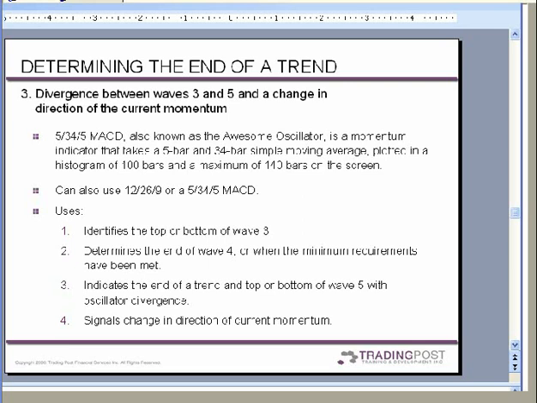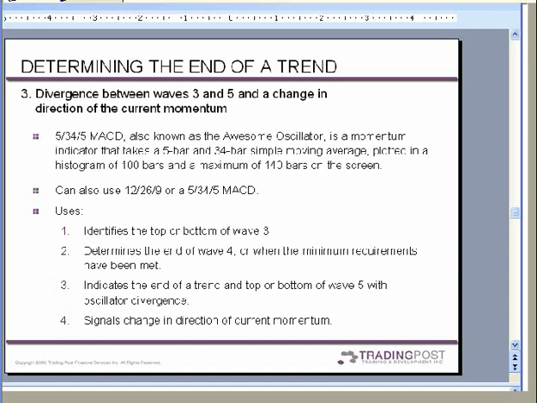and it works very effectively when it's plotted in a histogram and when there are between 100 and 140 price bars on the screen. So if you're looking at an hourly chart, and you can get between 100 and 140 bars on the screen, then you're going to be able to see the 5-wave sequence, and the awesome oscillator will show you divergence.